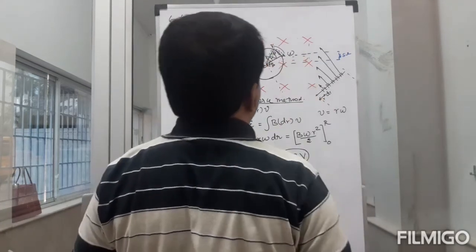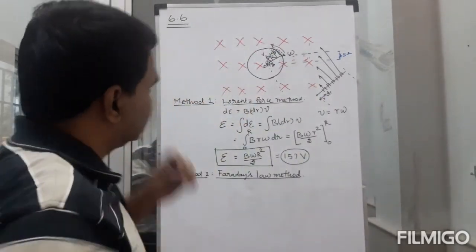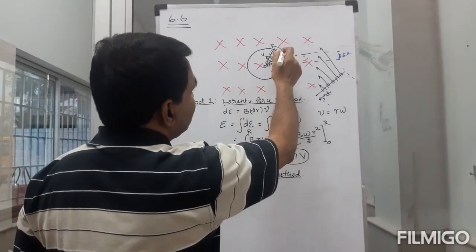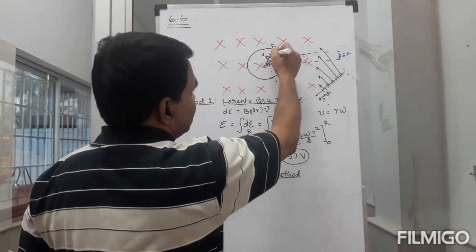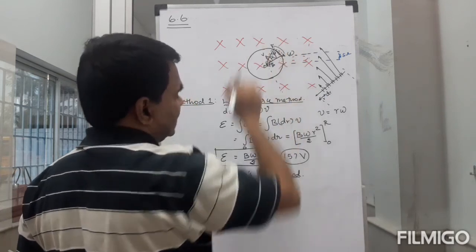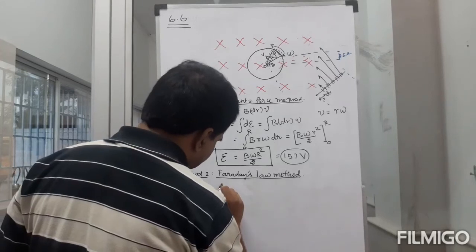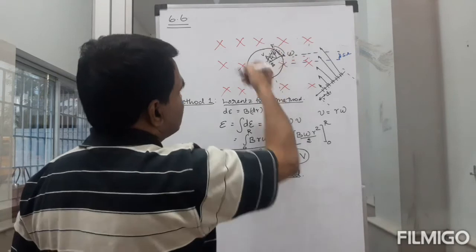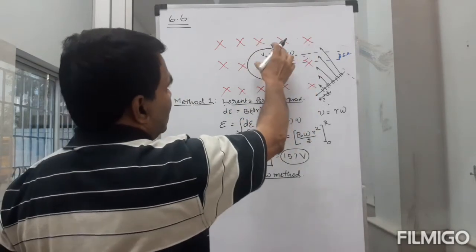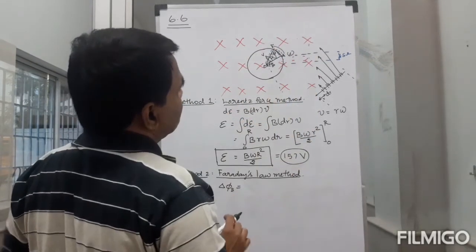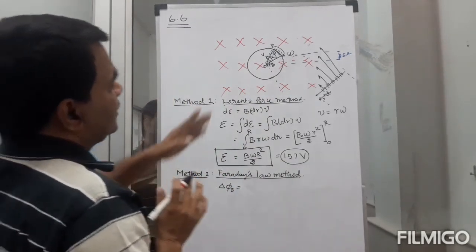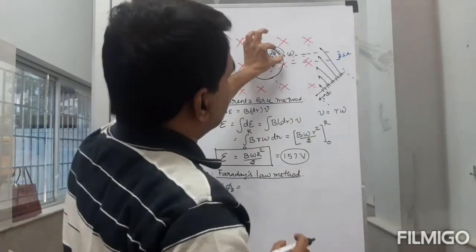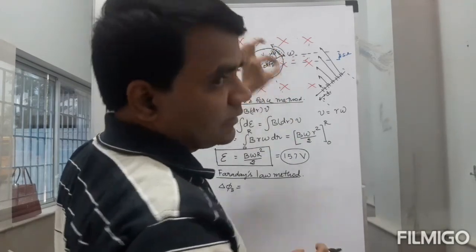The change in flux is going to be equal to the flux in this area, that is the extra flux. So my delta phi B is equal to, let me first find out the total amount of flux in the circle, and then I will take only this part of the flux. That's the change, right?